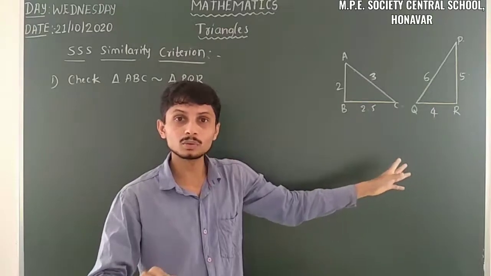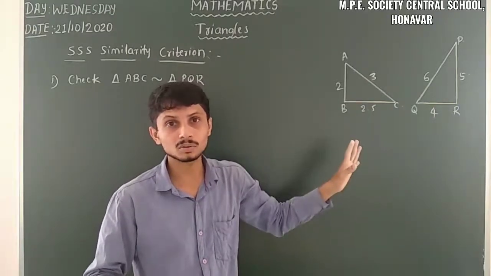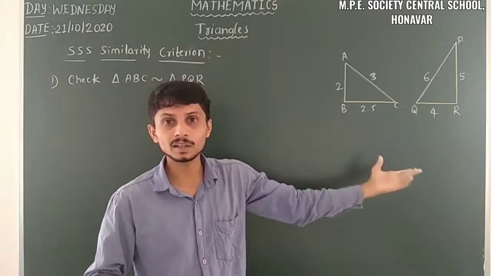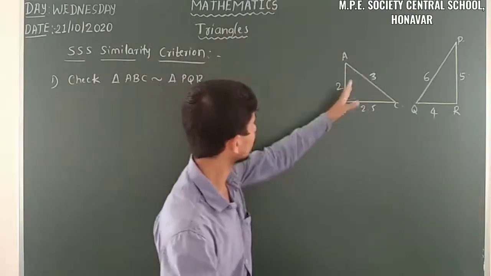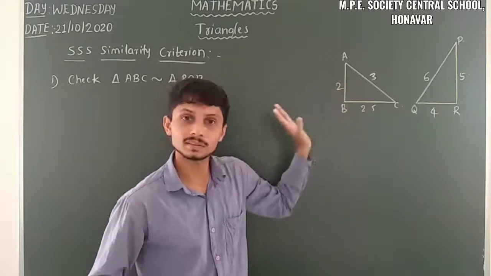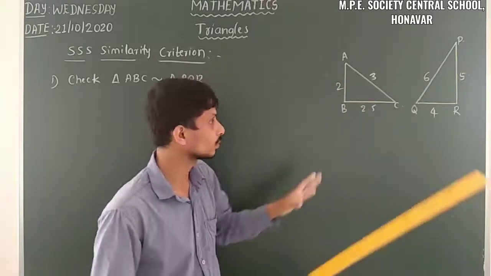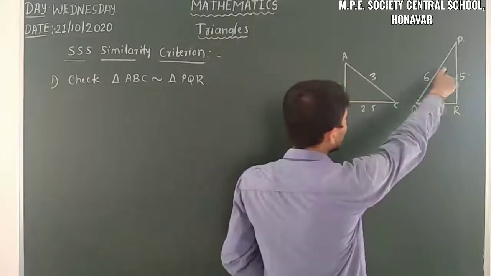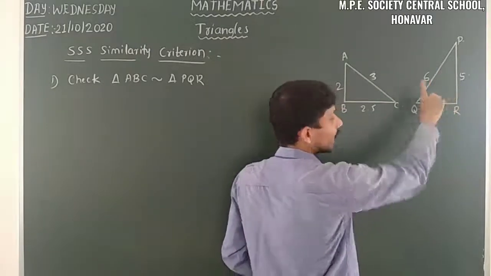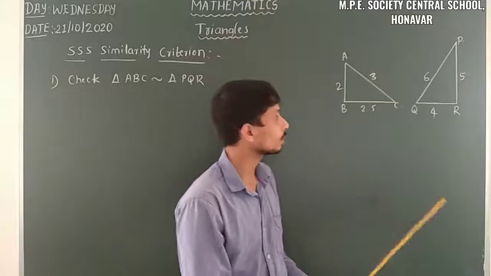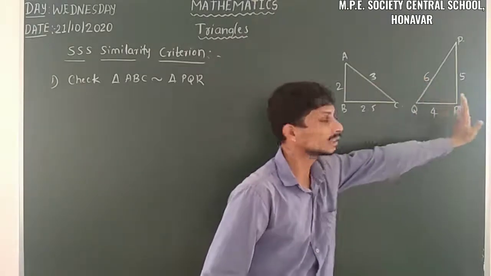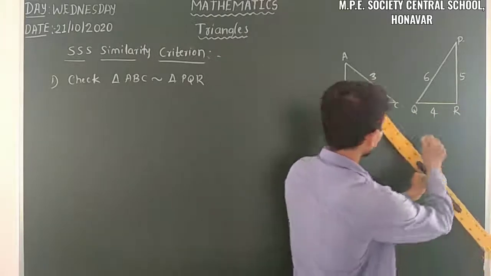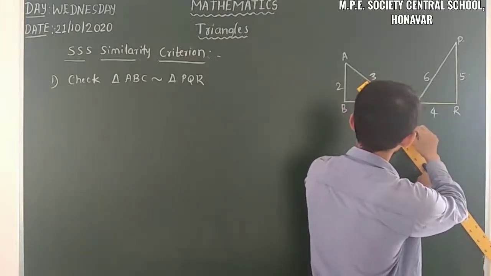For that, we have to construct a different diagram. Here the triangle ABC is like this only, and then we take the hypotenuse, that is opposite of this right angle, in this part. So here I will write PQ, or QP.